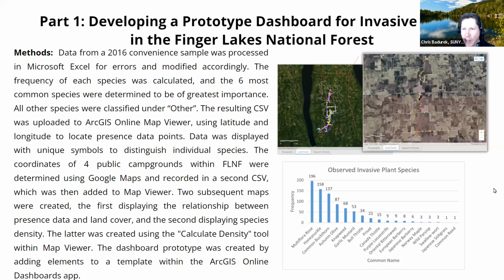Okay, so there's two projects that I wanted to talk about, one from Shelby and one from Connor. The first one is about invasive plants in the Finger Lakes National Forest. Now, I wanted to go back to what Missy was saying at the start of our session and reinforce the point that even though I'm talking about terrestrial ecology here, a lot of invasives across the Finger Lakes and other aquatic settings have significant problems with invasive plants, right?